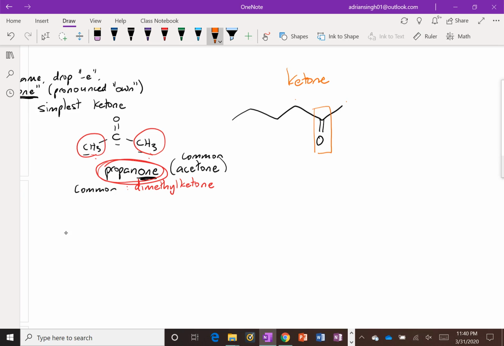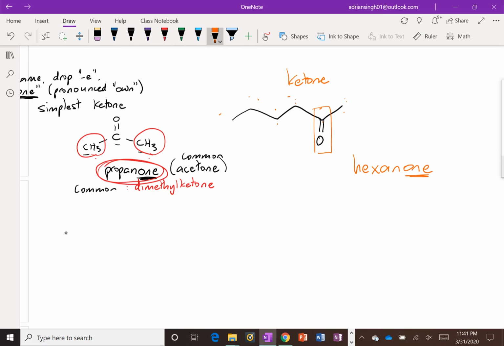Let's see how many carbons we have in our longest chain. We have 1, 2, 3, 4, 5, 6 going from left to right, or 1, 2, 3, 4, 5, 6 going from right to left. So the prefix for 6 would be hex. The corresponding alkane would be hexane. So we drop the ending E and we replace it with O-N-E, hexanone.